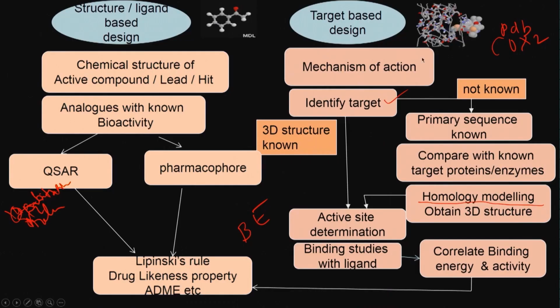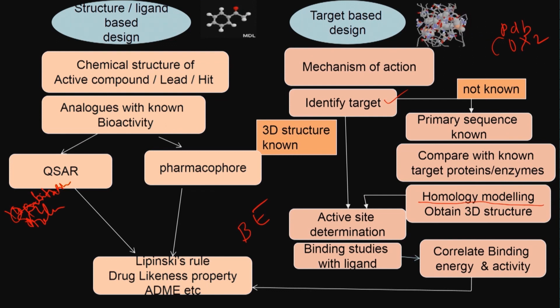Whereas in the target based approach, either I know the 3-dimensional structure of my target, as here, or I do not know the 3-dimensional structure of the target, like here. If I know the 3-dimensional structure of the target and the active site, I bind many ligands to it, calculate the binding energy, and then correlate binding energy versus activity. So if the binding is very good, I will say it will have good activity.